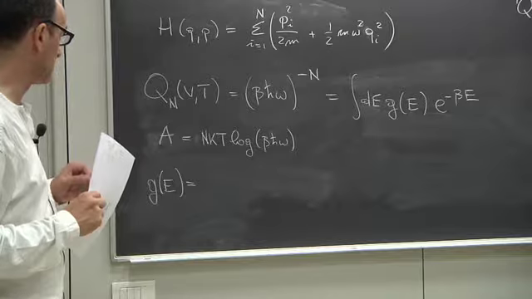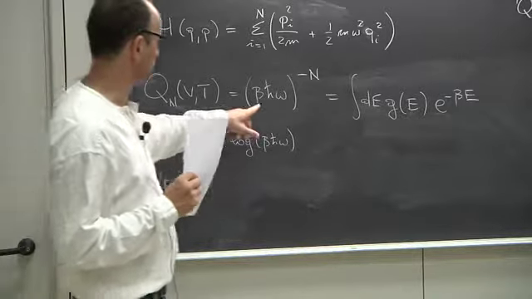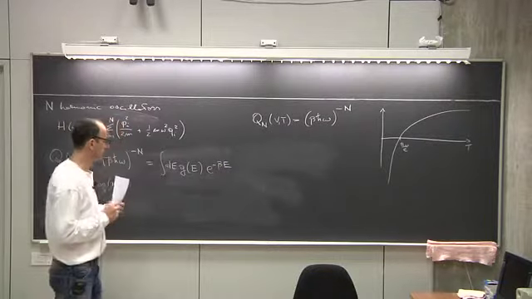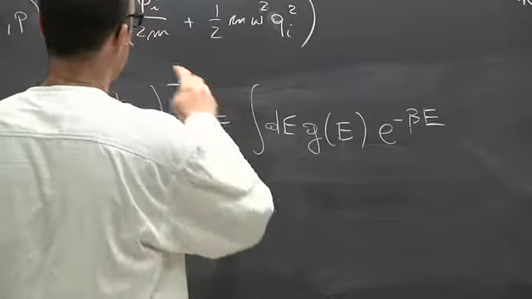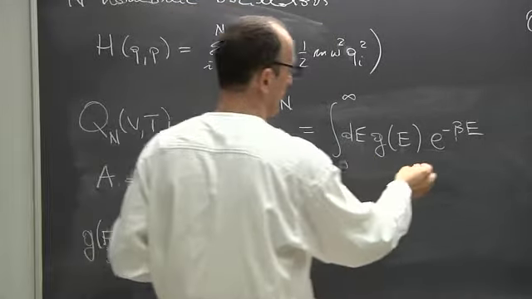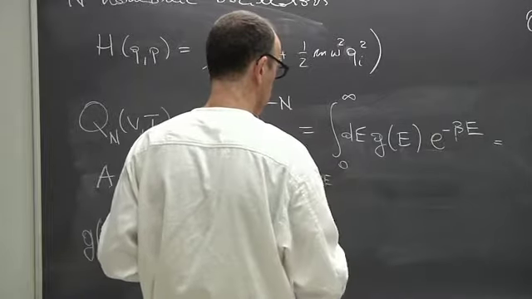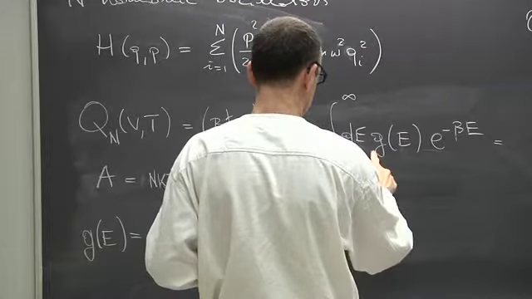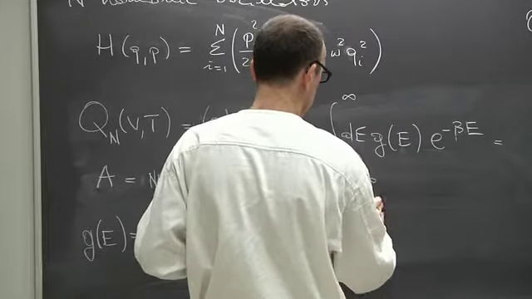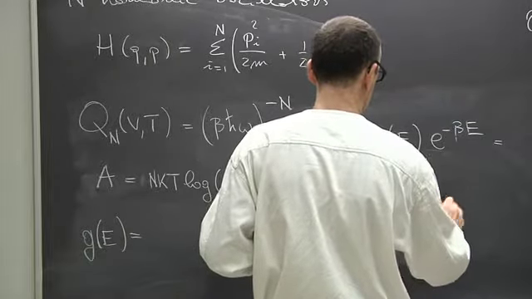But the other way in which you can argue is by saying that beta enters only here, into beta E, and the energy is always positive, so this will go from 0 to infinity, and you can make a change of variable into z, which is beta times E. And so if you do this, you have 1 over beta times the integral from 0 to infinity dz of g of z divided by beta, e to the minus z.